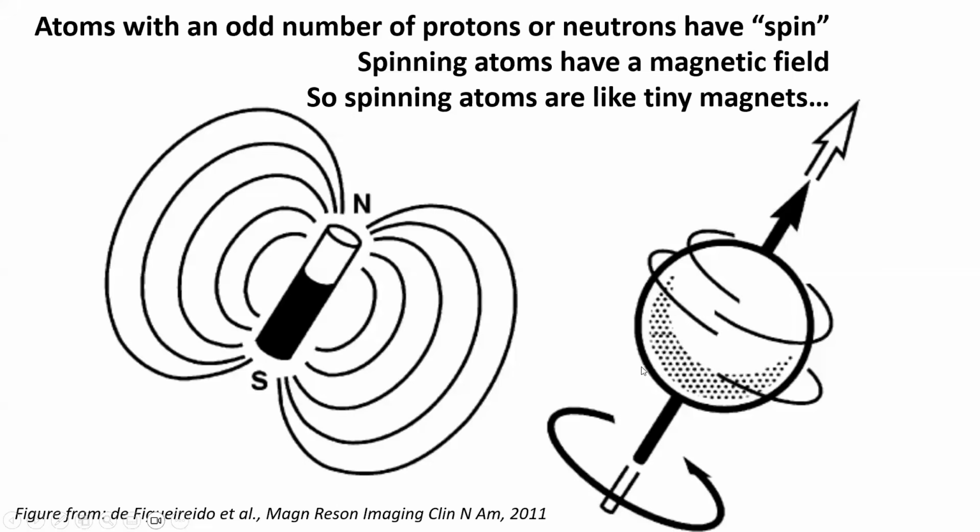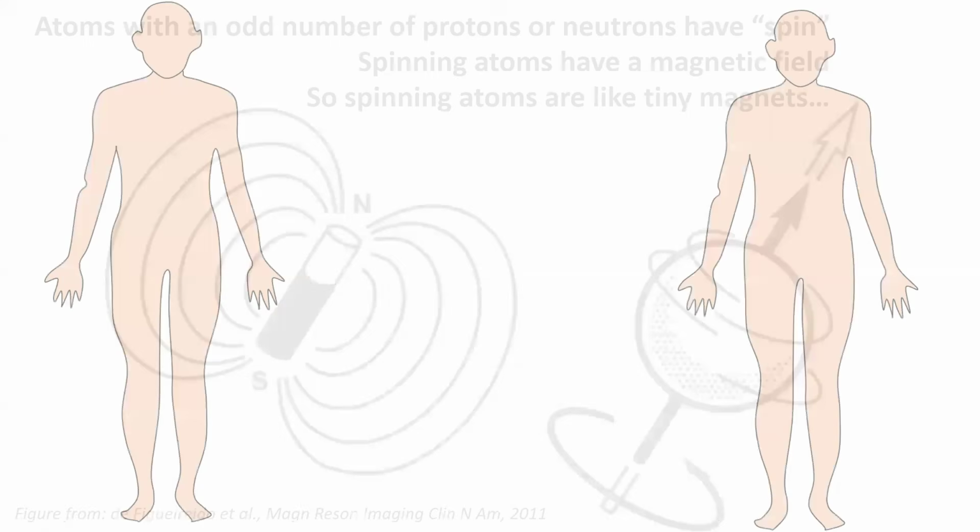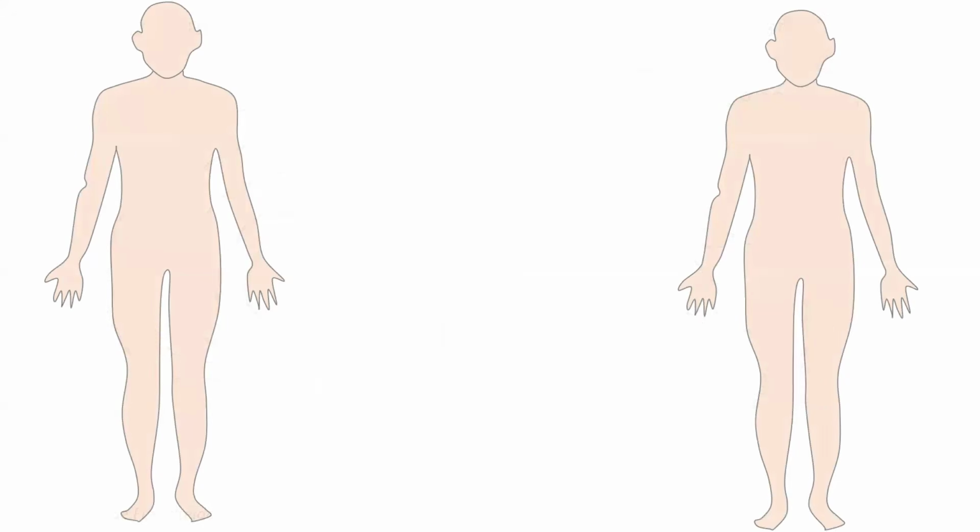So to summarize, we start with the fact that atoms with an odd number of protons or neutrons have a spin. Spinning atoms have a magnetic field because, basically, they're a moving electrical charge, and we can consider those spinning atoms like tiny magnets. And luckily for us, our body is filled with these tiny little magnets.